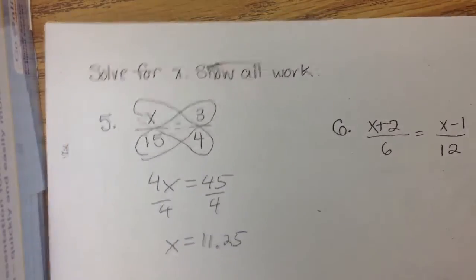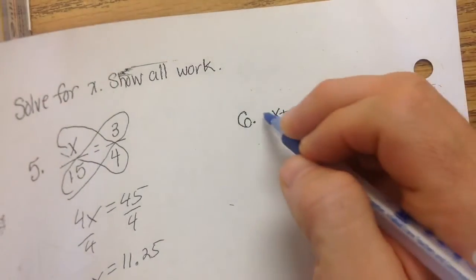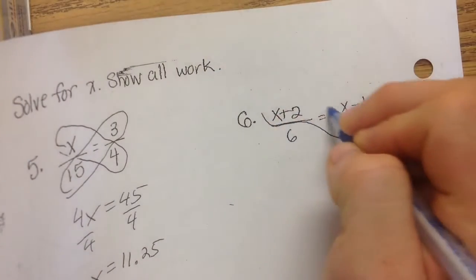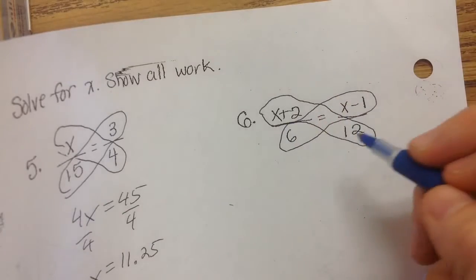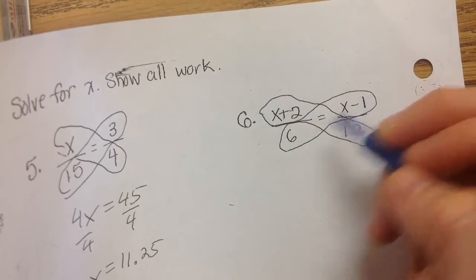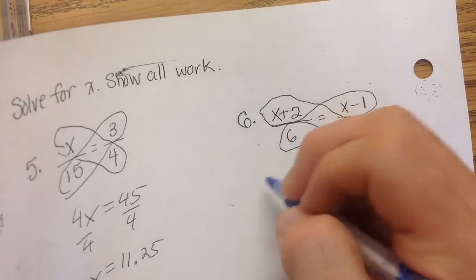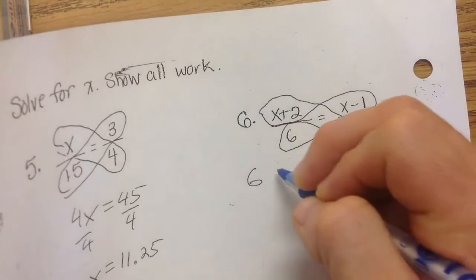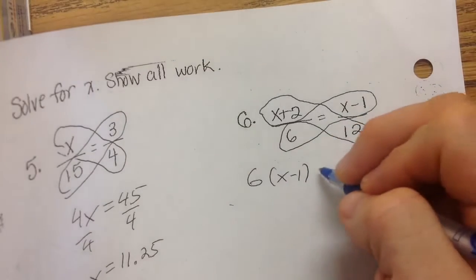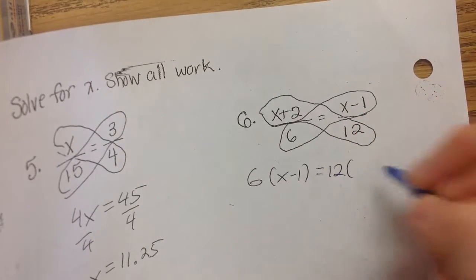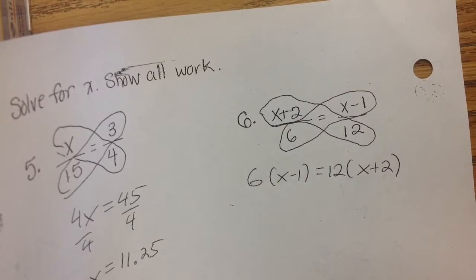All right, on number 6 here, again, these are the harder ones because these are the ones where you have to remember to distribute when you're solving these. So I've got this right here, and when I'm doing it, it's not 6 times x, it's not 6 times negative 1, it's 6 times the whole thing, so I need to put the parentheses in there. 6 parentheses x minus 1, close the parentheses, equals 12 parentheses x plus 2, and then close the parentheses.